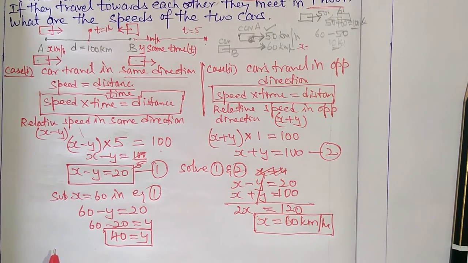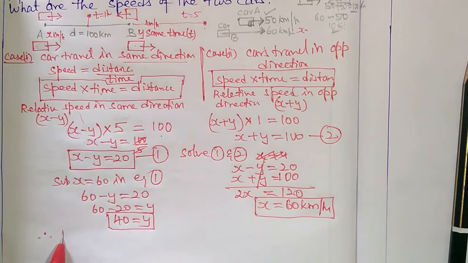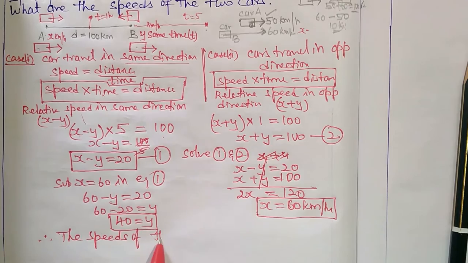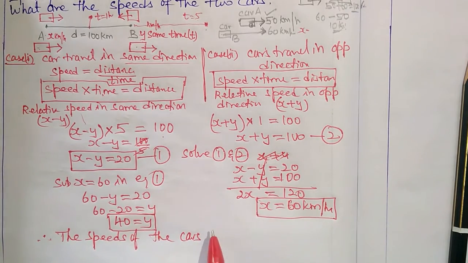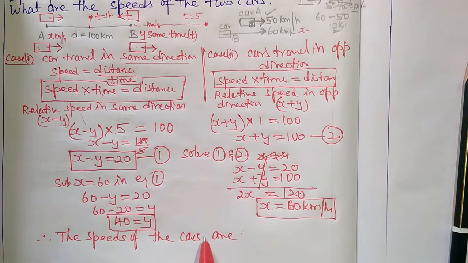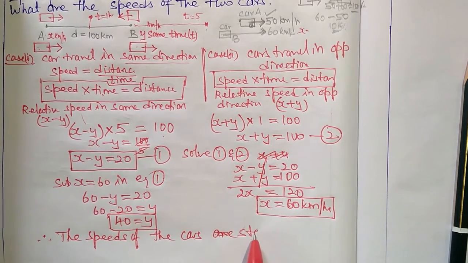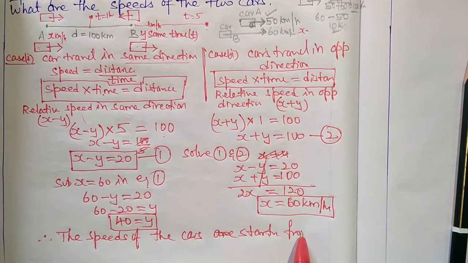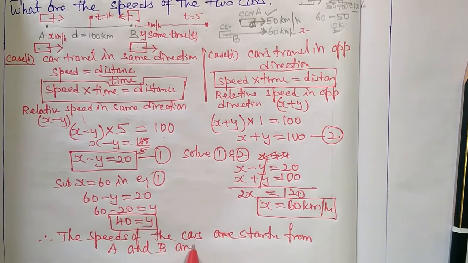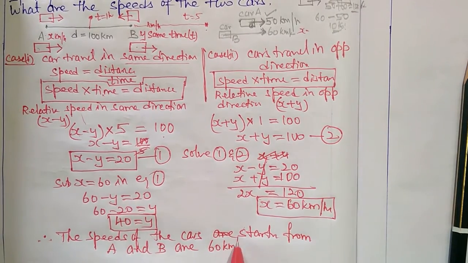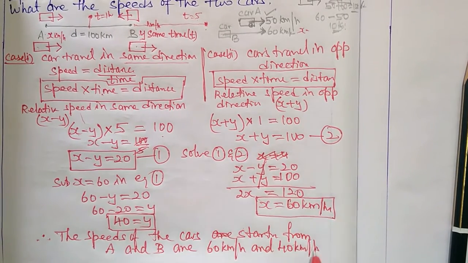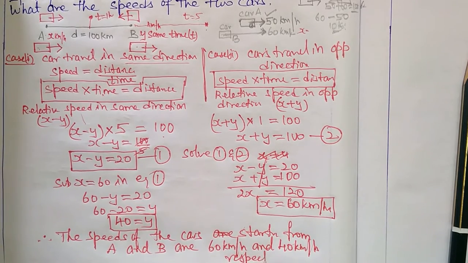So I will write it in words like this. The speeds of the cars starting from A and B are 60 kilometers per hour and 40 kilometers per hour respectively.